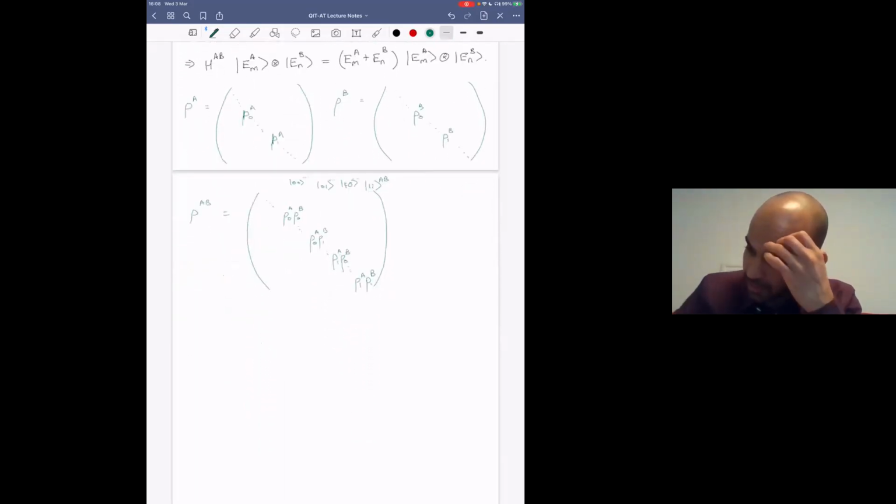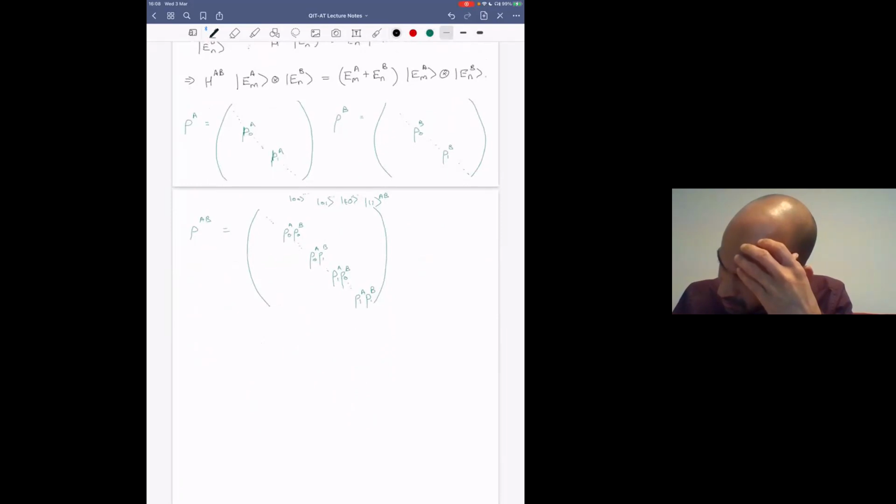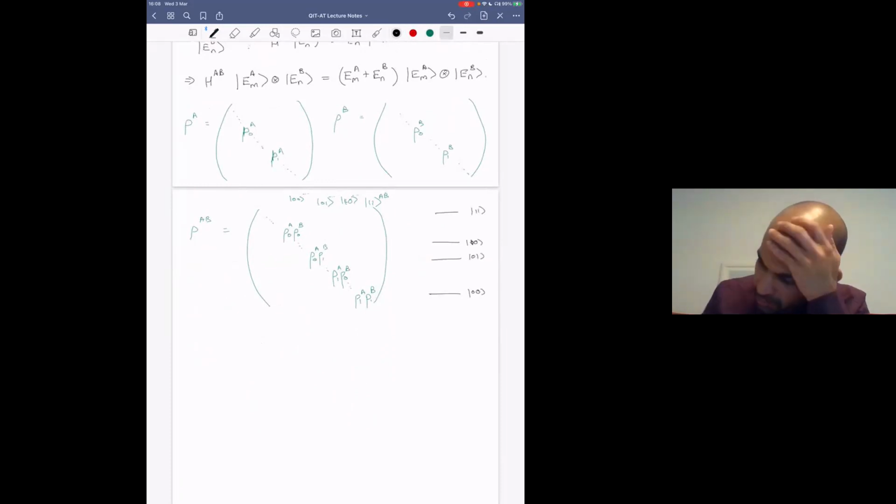Okay, so let me draw this again here so that it's always with us when we're discussing. 1,0, 0,1, 1,1. So the first thing I do is I pick the states 0,0 and 0,1 on AB. The energy difference delta E of this is basically just EB, because the energy of A is still the same.